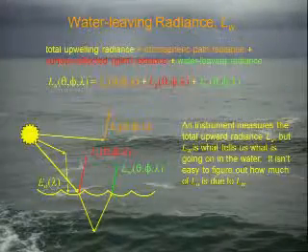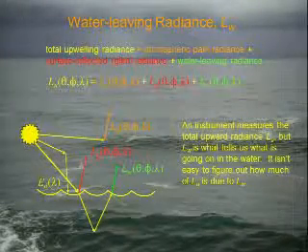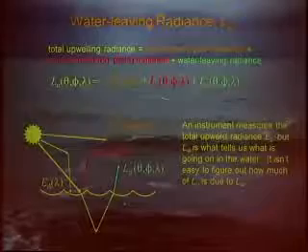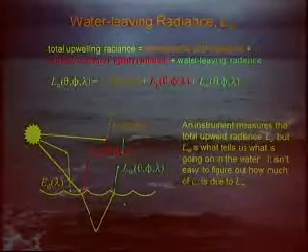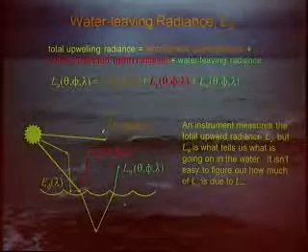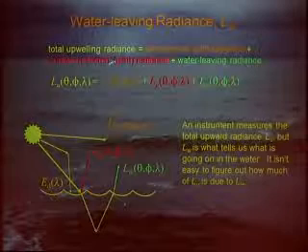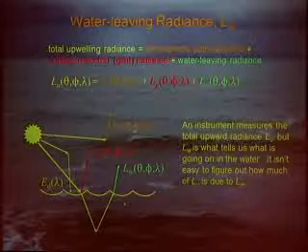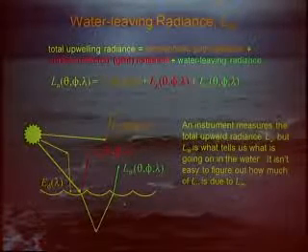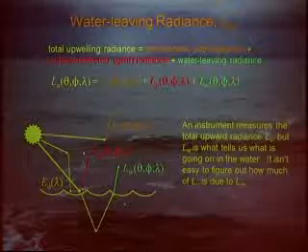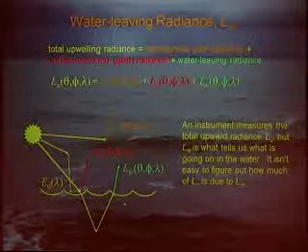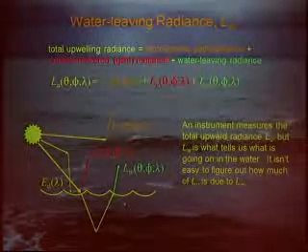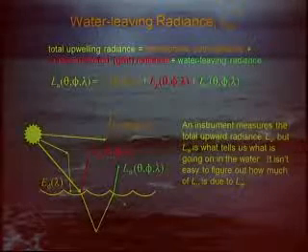Okay, and then if you're not familiar with the whole game here, basically I'm up here in a satellite looking back down, and I'm just measuring the total radiance that's coming up. Now, part of that is sunlight that was scattered by the atmosphere up into my direction, and so that's called atmospheric path radiance. Part of it is sunlight that's reflected off of the sea surface. That's called glint radiance or surface reflected radiance, and that's noise to me also.